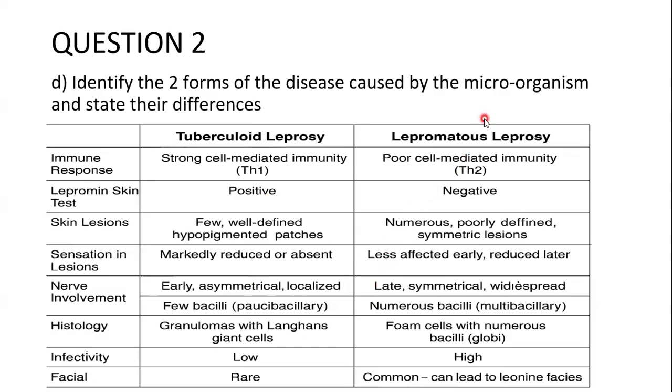Then for lepromatous, low cell-mediated immunity, leonine faces, and then it is lethal. You can remember lepromatous is lethal, LL, so that you can remember. And it has a high bacterial load. That's in summary. That's how you remember these two.